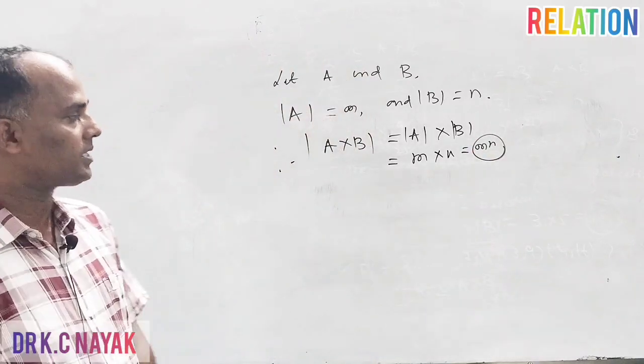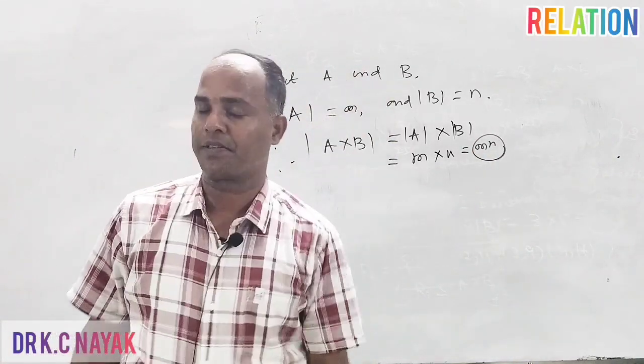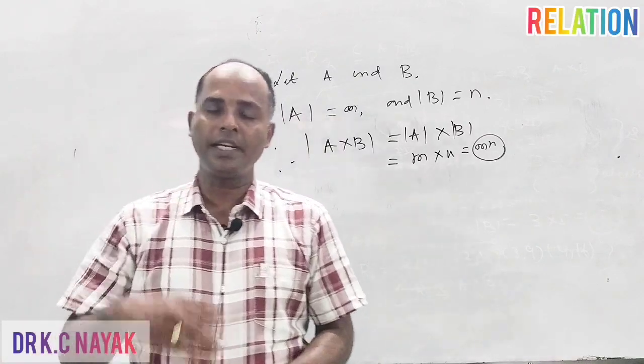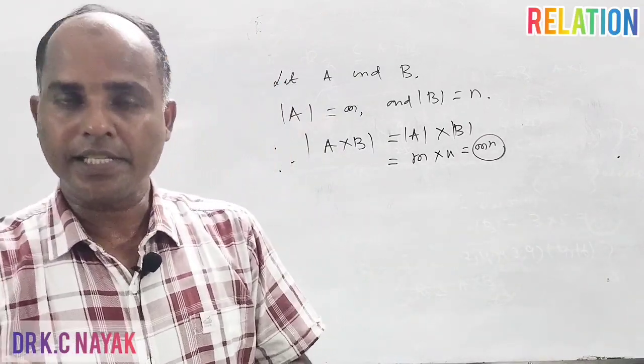According to the definition, any subset of A cross B is a relation.